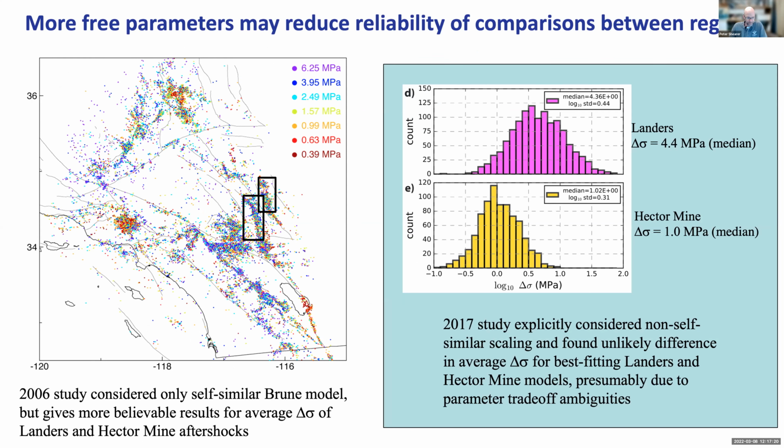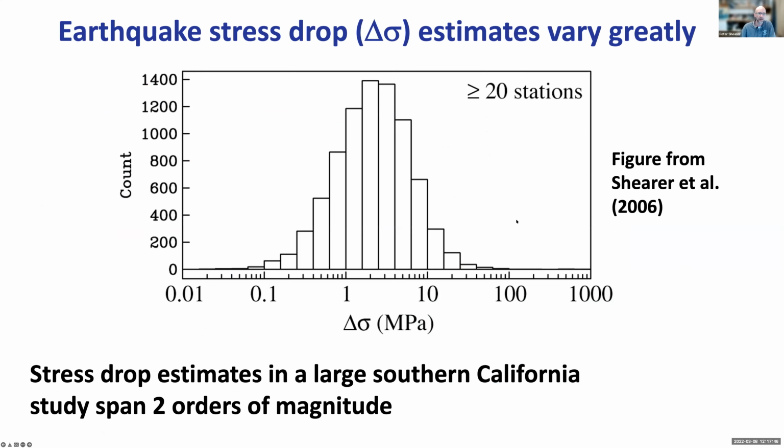So if we compare then to what we saw in the 2006 study, we actually also had the Landers and Hector Mine sequences, and we didn't see this factor of 4 change. But this is comparing to what Daniel got, and you can see there's quite a, although there's this scatter, quite a large shift.